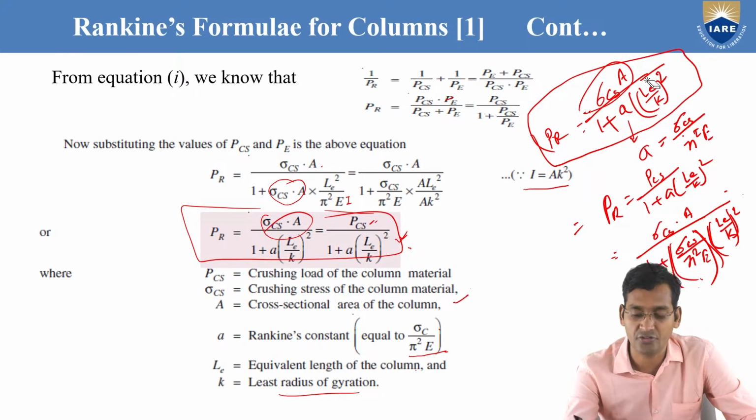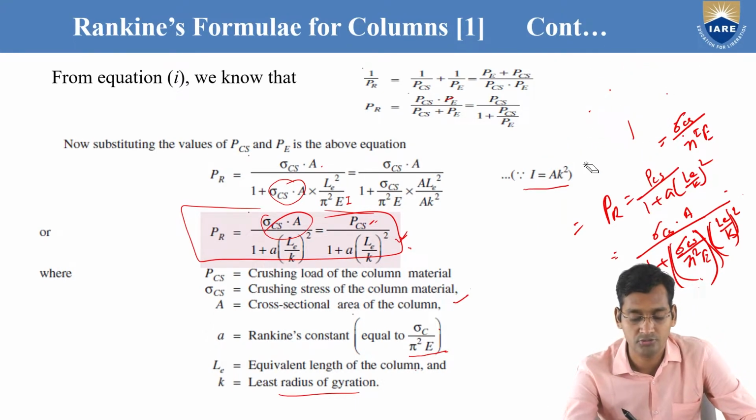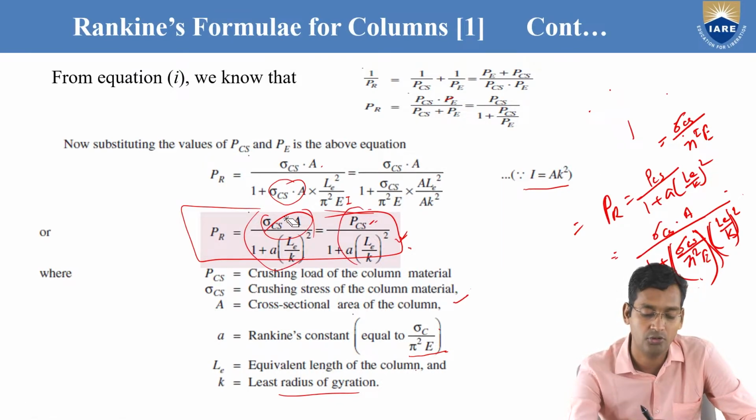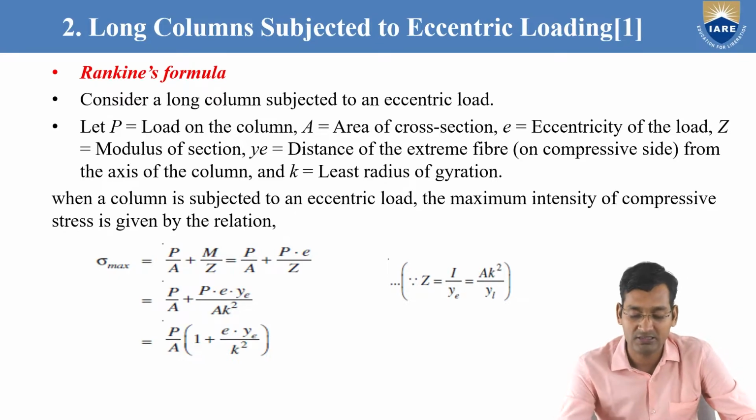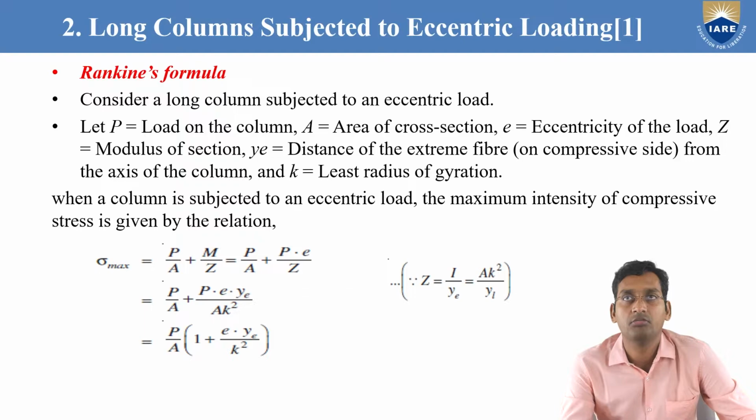Okay, so this is in terms of stress, and this is in terms of load. Now for the long column subjected to eccentric load, we will see the Rankine formula having eccentric load. Consider a long column subjected to an eccentric load.